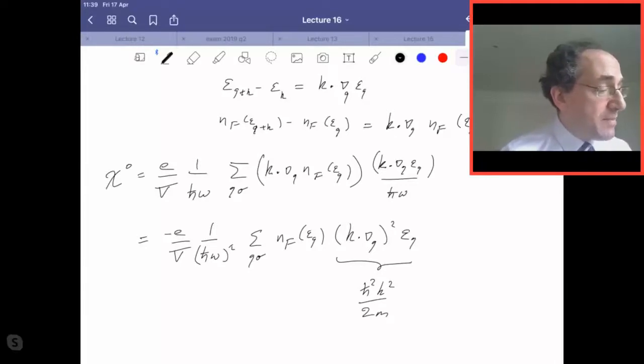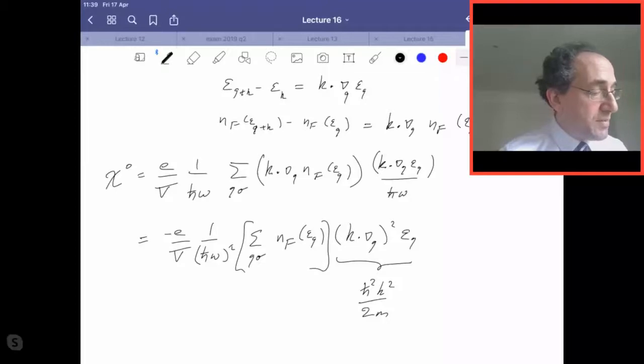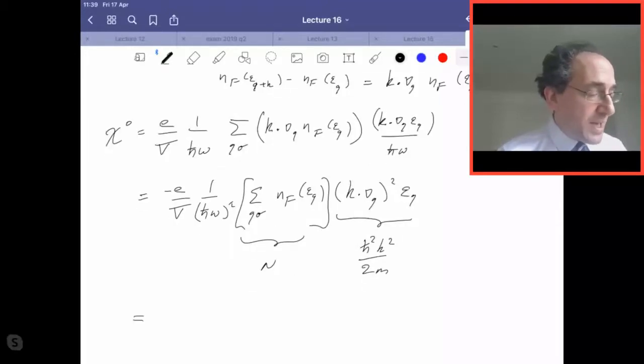Then I can just do this sum, put brackets around this, and get the total number of particles. At the end of the day, what I get is minus k squared n e over m omega squared.